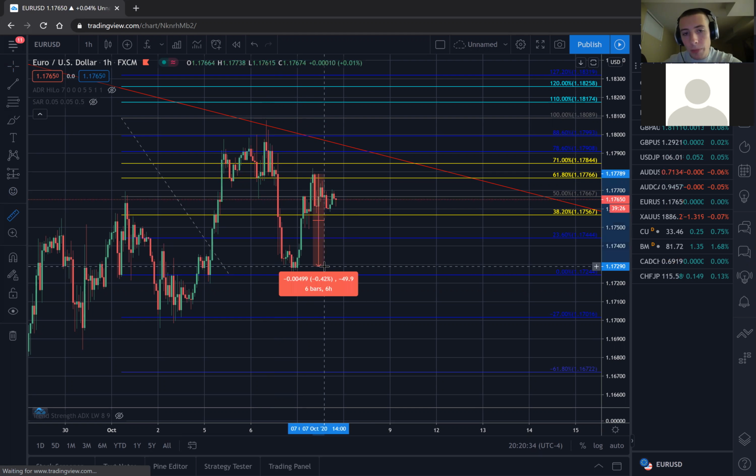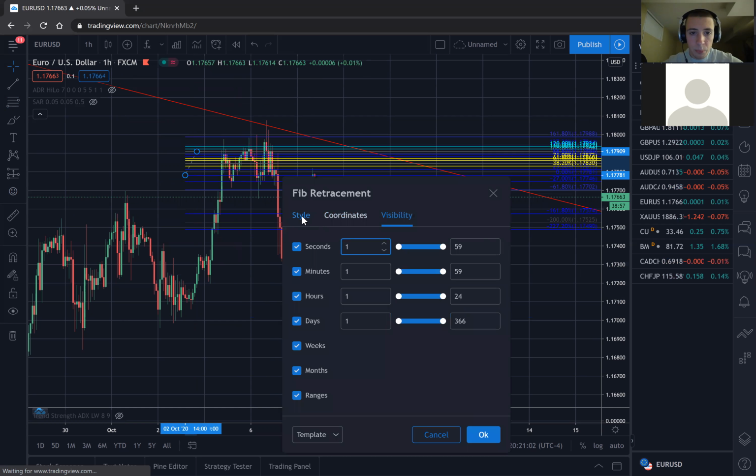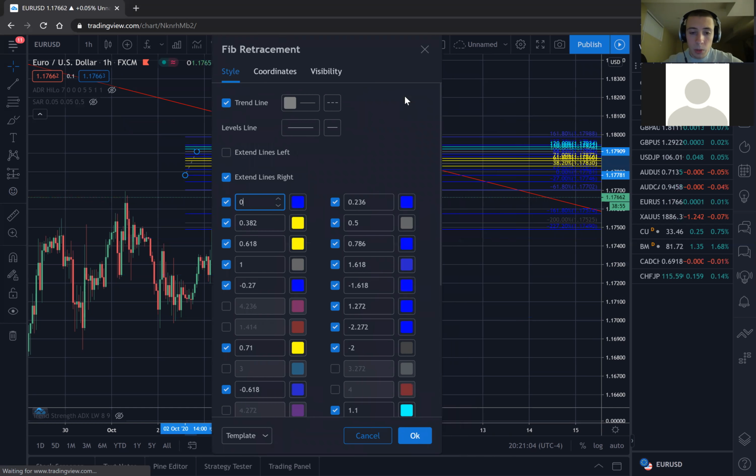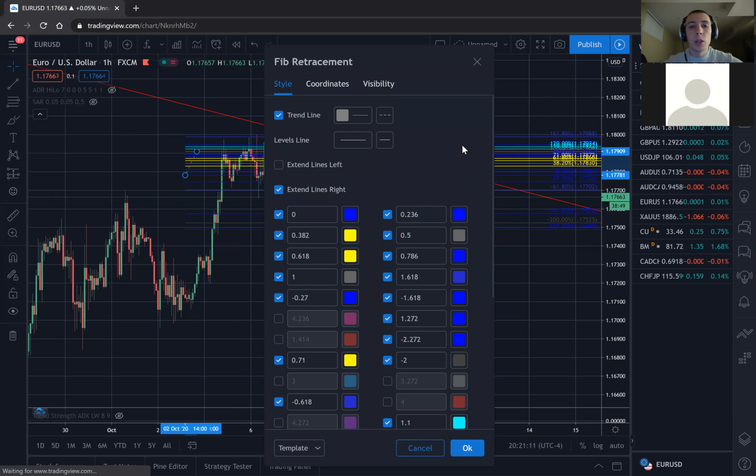Okay, I'm gonna give you guys a second if you want to use my fib settings. I'm gonna go into settings. So if you want to screenshot this so you can use it, the colors don't matter. I just like my entering levels to be golden.